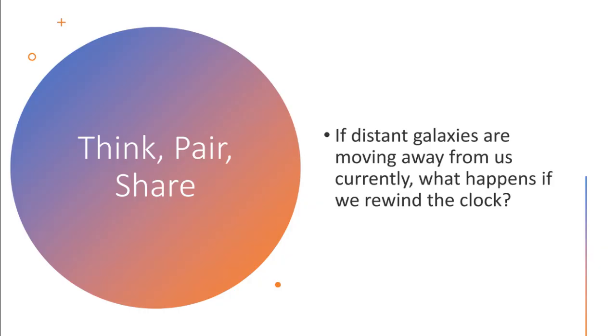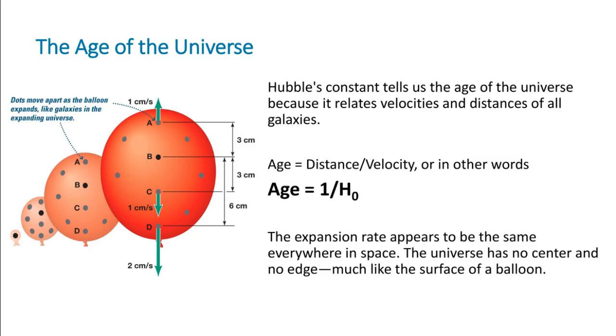Okay, I think I heard the right answer and people using their hands to show. So if you are expanding currently, then when you rewind, you have to compress back into some smaller shape sometime in the past. And so you can calculate the age of the universe by using the Hubble constant. The age of the universe is just 1 divided by the Hubble constant.